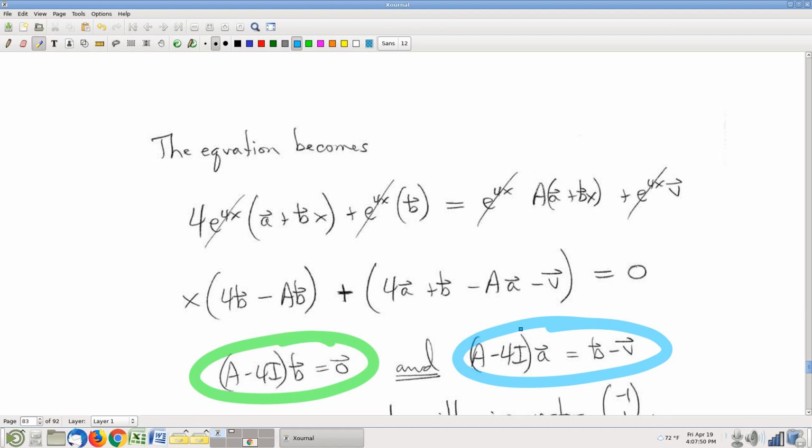Right? Here's the problem. Yes, A minus 4I is singular, and that is helpful here. But A minus 4I is still singular in this equation. This one, not homogeneous. Now we have an existence problem. There might not be any solutions here.